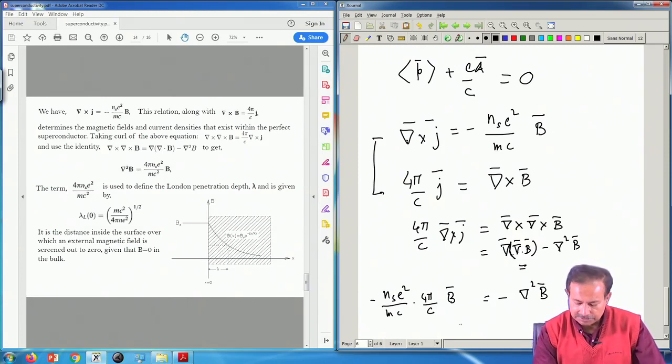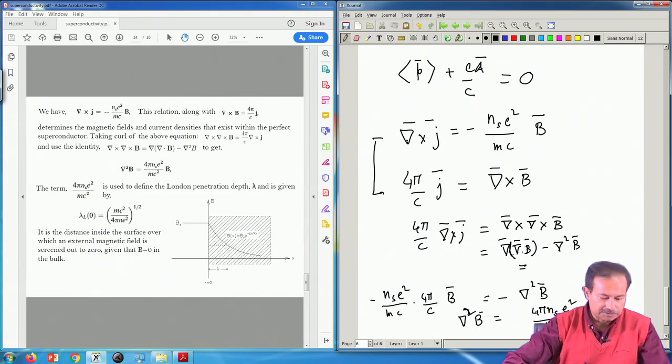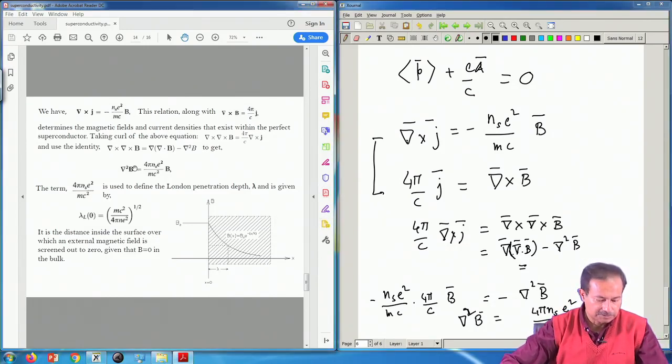So, that means del square B equal to 4 pi n_s e^2 by m c square into B, and that is this equation.